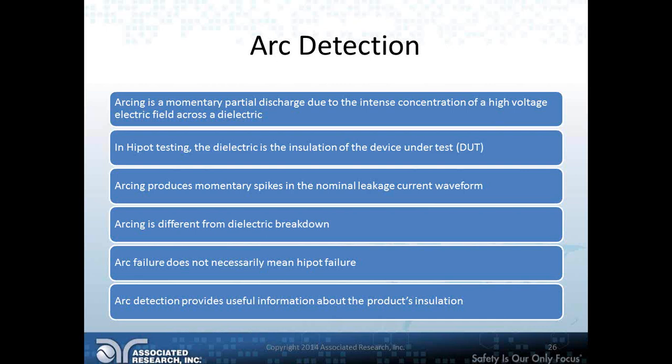Dielectric breakdown is the condition that a high-pot tester is designed to test. Dielectric breakdown causes a massive amount of leakage current to flow through a product's insulation, while arcing usually produces momentary spikes in the nominal leakage current waveform.